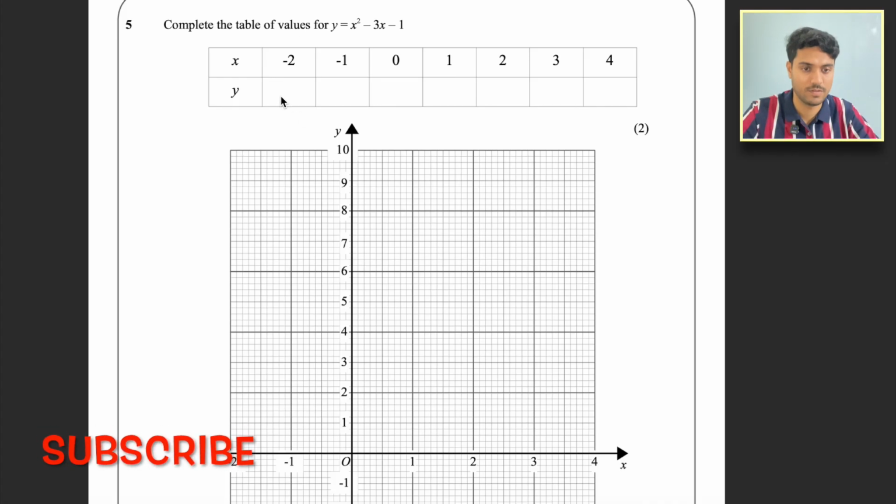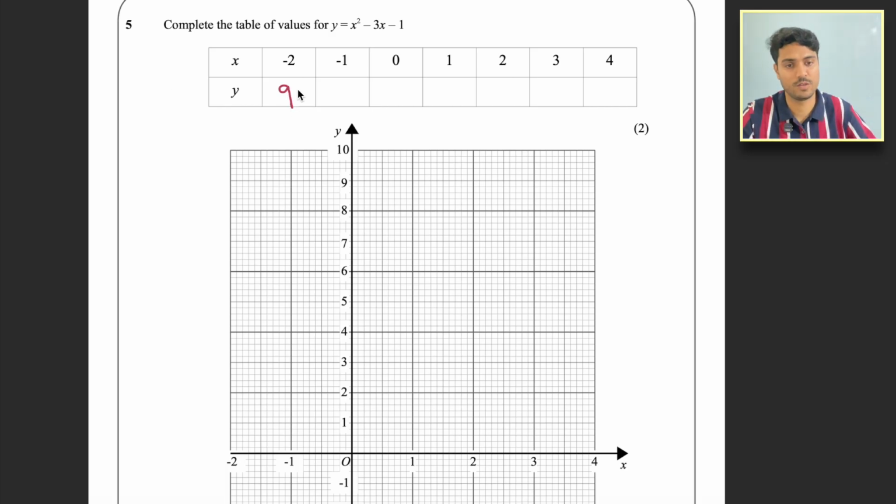So let's check. When x is minus 2, minus 2 the whole square minus 3 into minus 2 minus 1, and the answer is 9. So at negative 2 we get 9. Now at negative 1 it is 3. At 0 it will be negative 1.